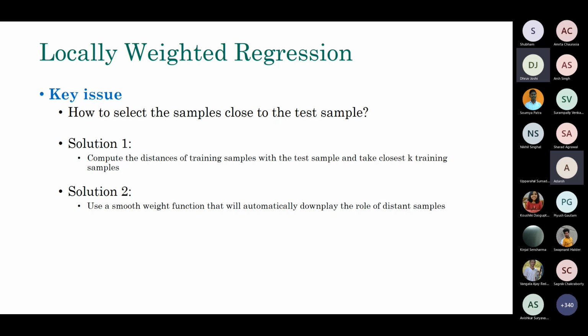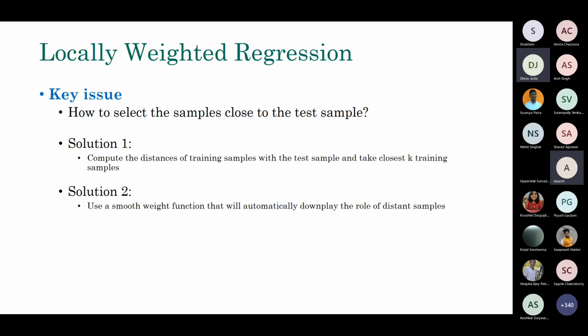Solution 2 is that we are not putting any parameter here, like, I am going to take k training samples closest to the test sample. I am not doing that kind of thing. Not any hard limit on that. But rather, I would like to use a smooth weight function that will automatically downplay the role of distant samples.